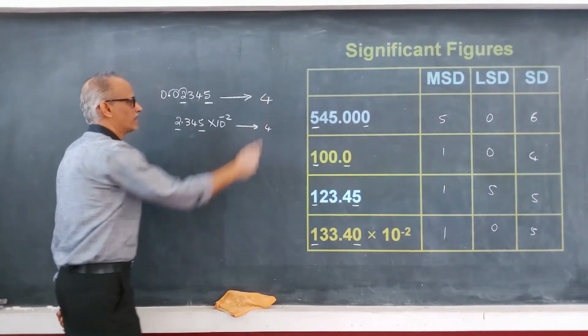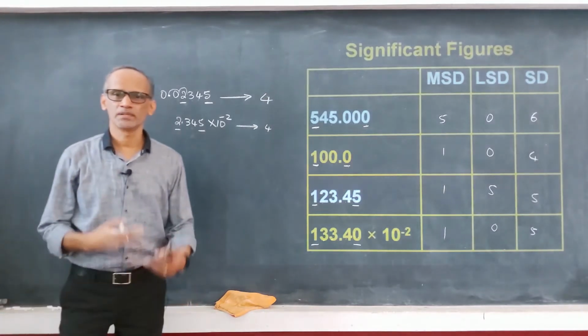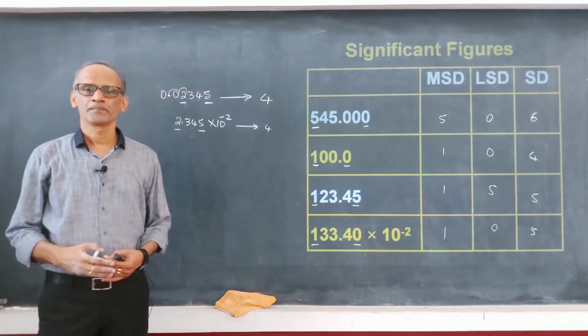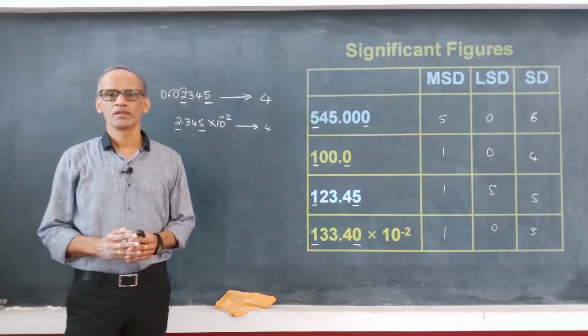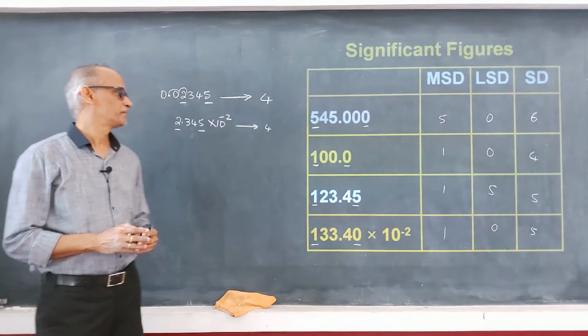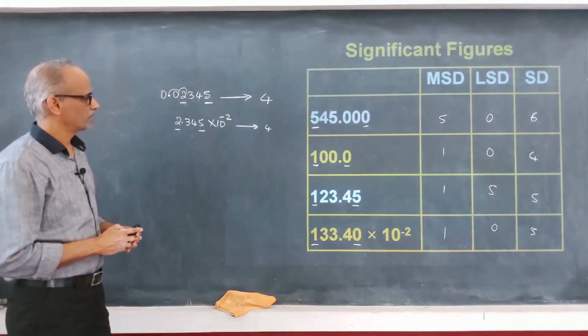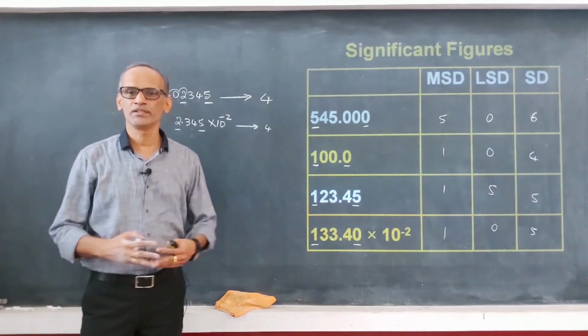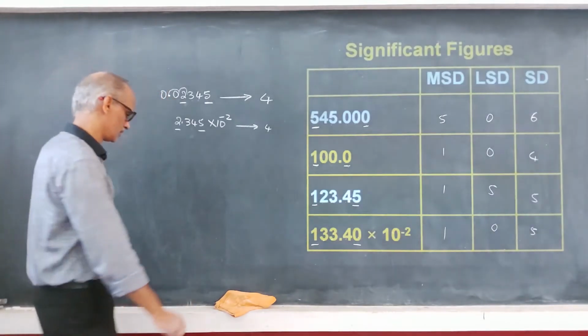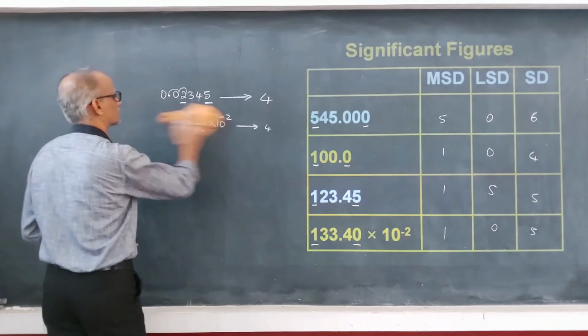So you can see, even after rearranging the number, the number of significant digits will remain the same. This is a point which you have to remember: writing scientific notation will not change the number of significant digits.